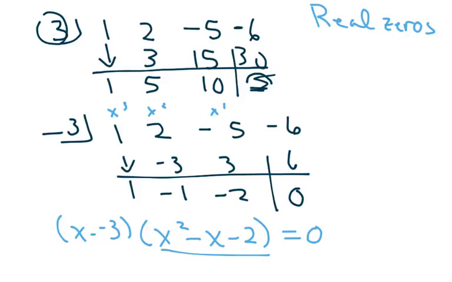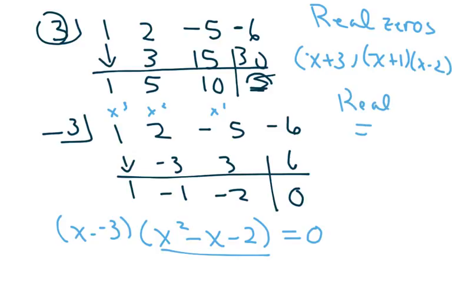I can factor this, so my factoring is x plus 3, and then we're going to have x plus 1, and then x minus 2. So my real zeros are -3, -1, and 2. And that's your answer.